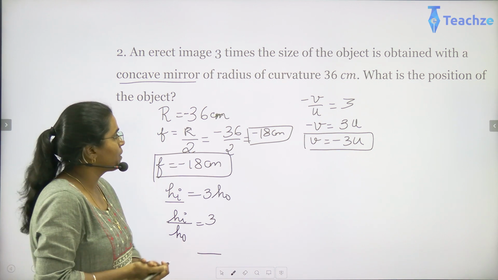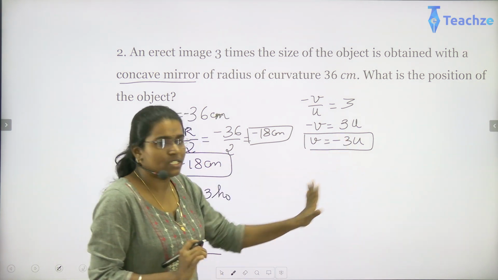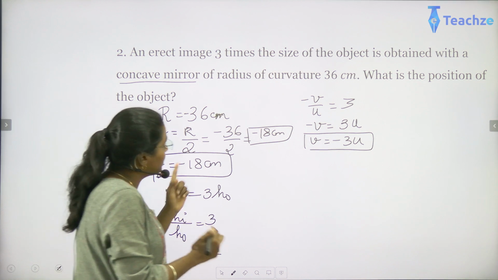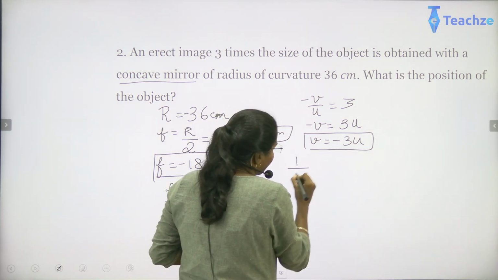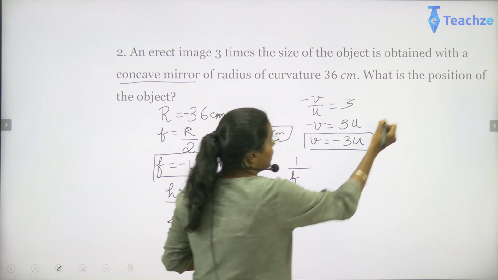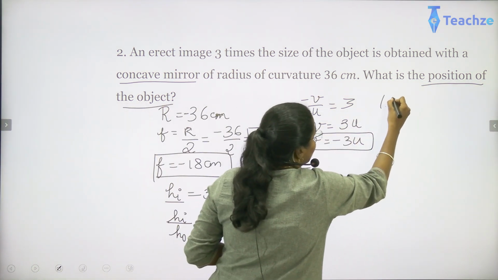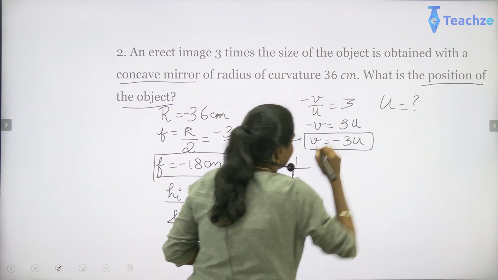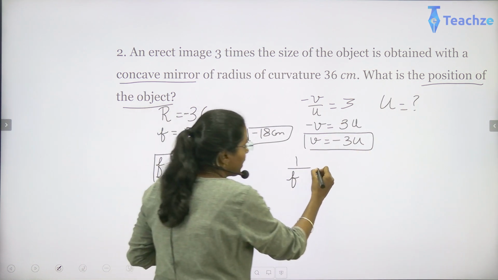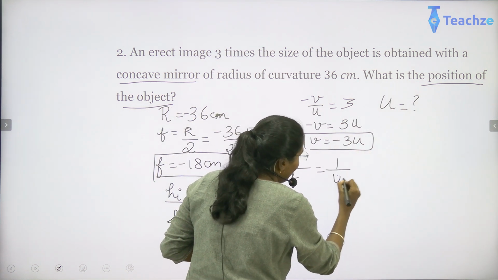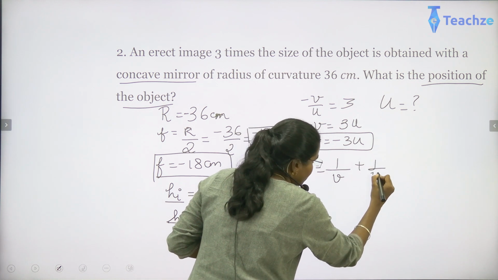Okay. So now v is also in terms of u. But now again we move on to the mirror formula. We have to find the position of the object, so you have to find u. With the mirror formula, 1 by f is equal to 1 by v plus 1 by u.